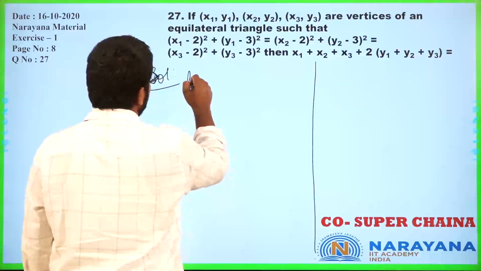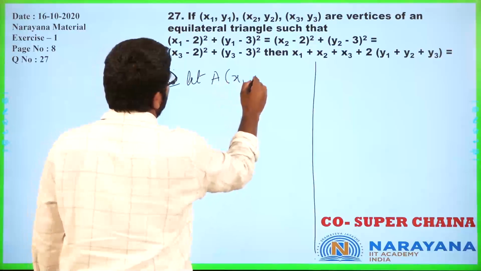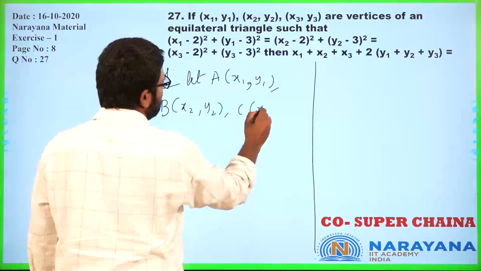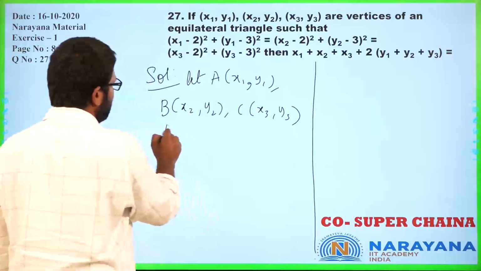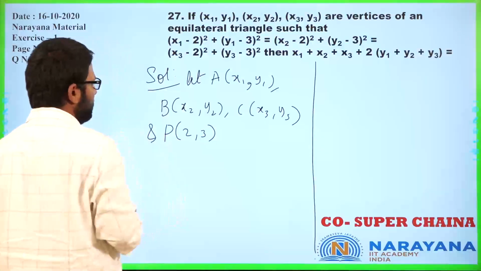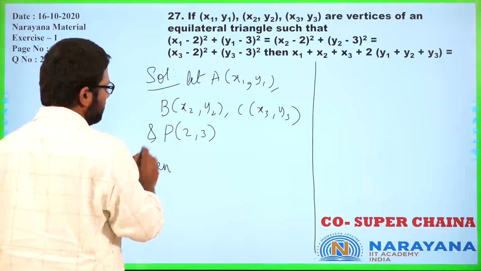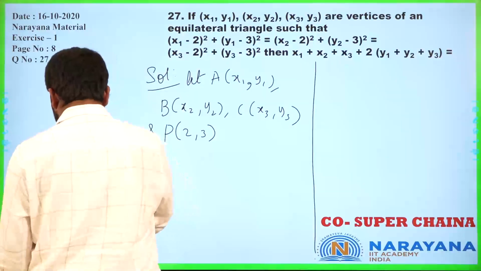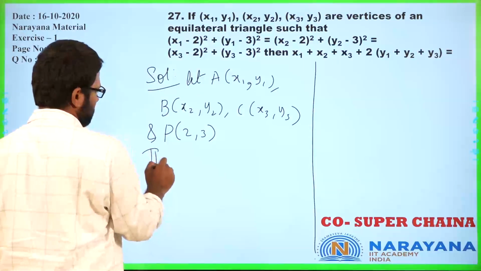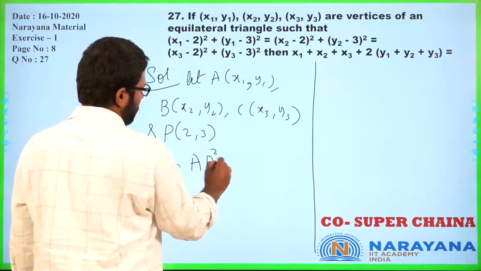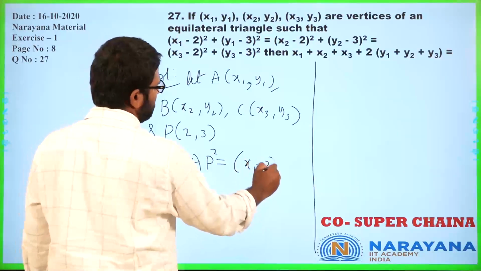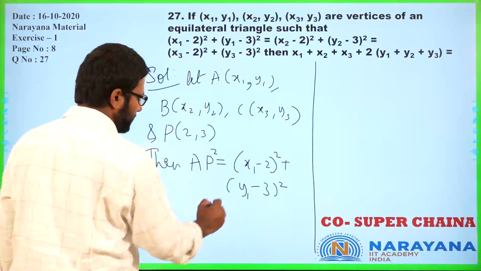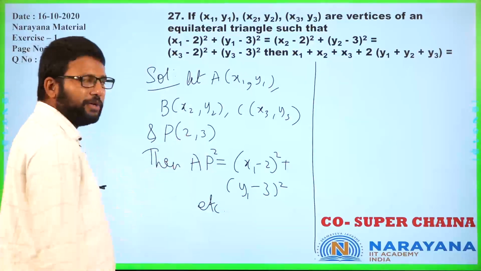So let A be (x1, y1), B (x2, y2), C (x3, y3) and point P (2, 3). It is given. Then AP square would be (x1 minus 2) the whole square plus (y1 minus 3) the whole square, and similarly you can write AP square, BP square and CP square.